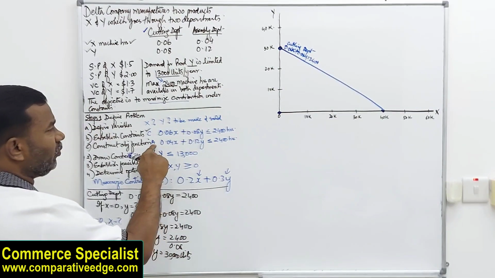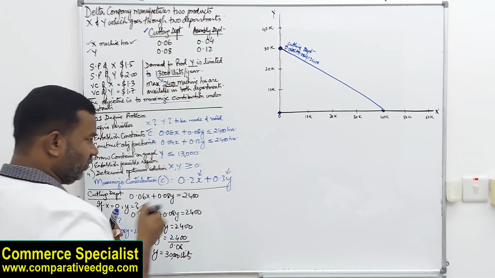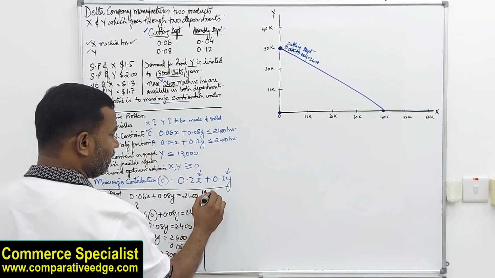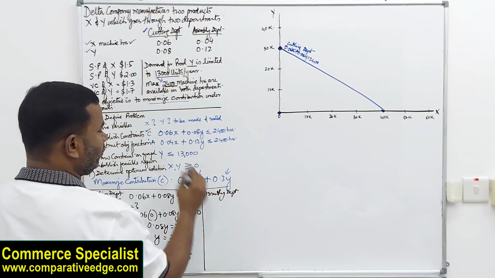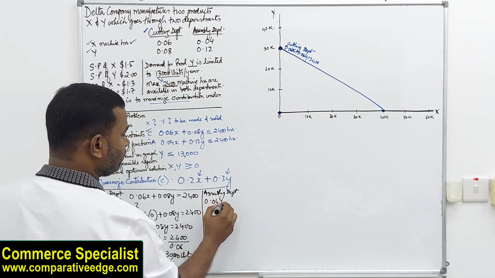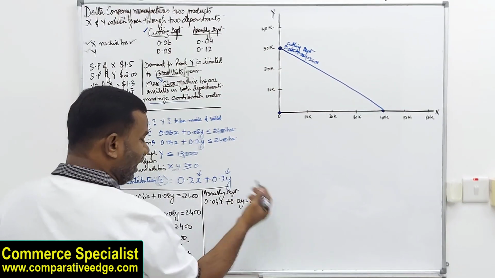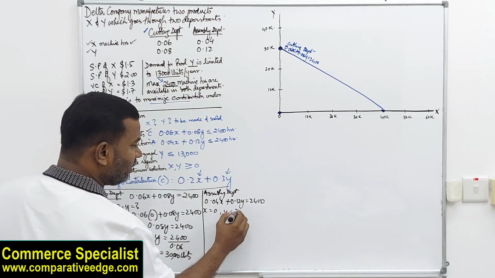Similarly, I have to find the points for assembly department. So I'm doing it here very quickly. The equation for assembly department is 0.04x plus 0.12y is equal to 2400. Again, we want to know if x is 0, how much will be y?